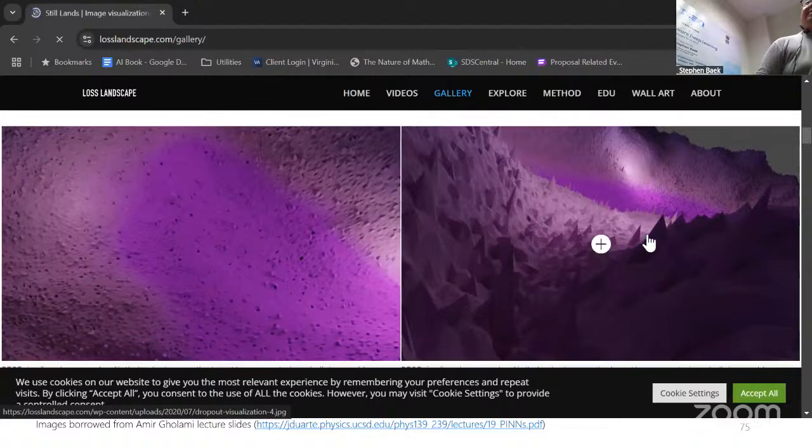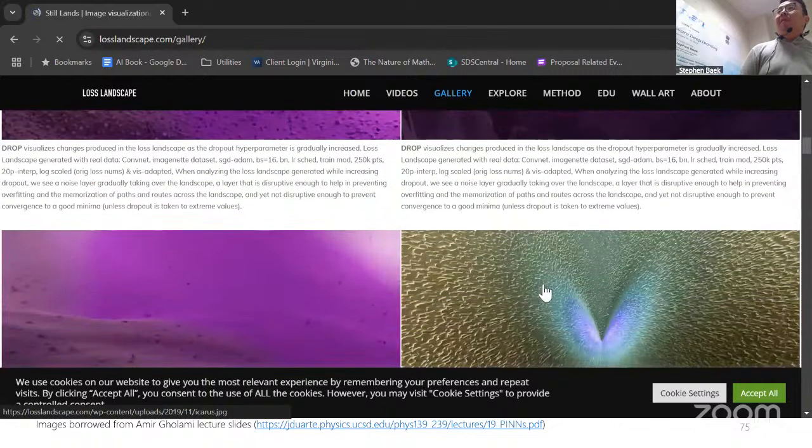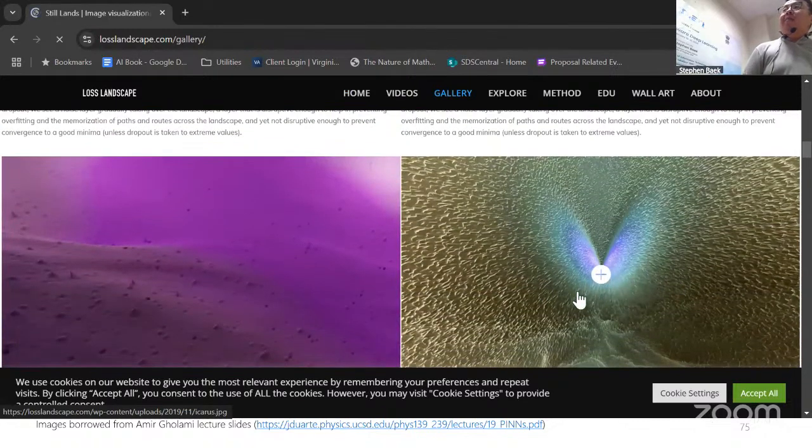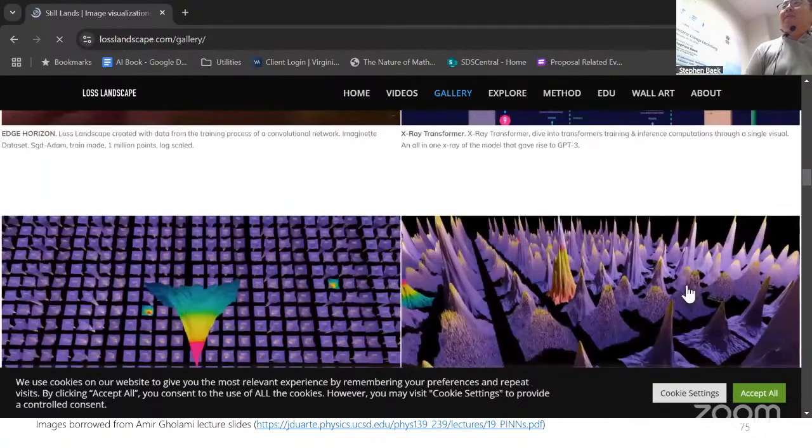Look at this. It's a beautiful visualization of the loss function. And you can see that there are lots of spiky local minima. So that's why it's hard to train a neural network.